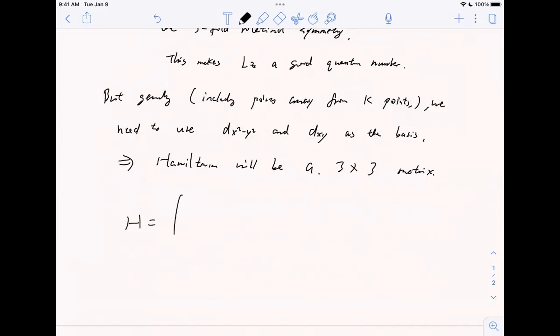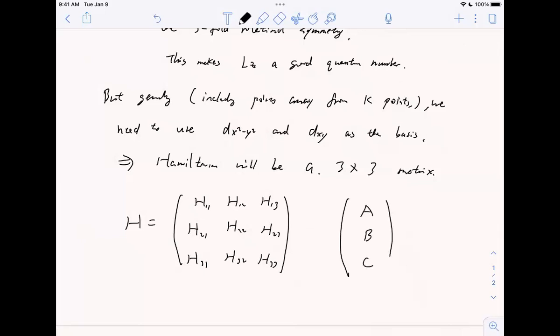So you basically have a Hamiltonian with elements h11, h12, h13, h21, h22, h23, h31, h32, h33. So this will correspond to A, B, C. This will be the d z square orbital. This will be this orbital, and this will be the xy orbital.